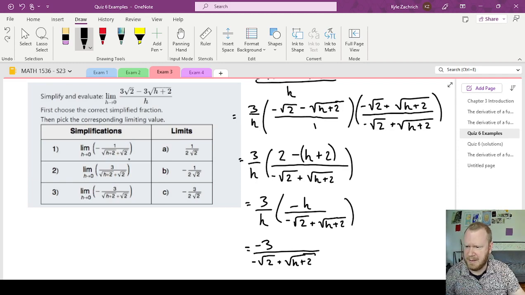Well, that doesn't make any sense. Let's see if this actually matches what we should be getting here. So this is a negative 3. Let me just double check to make sure I've done everything properly here.